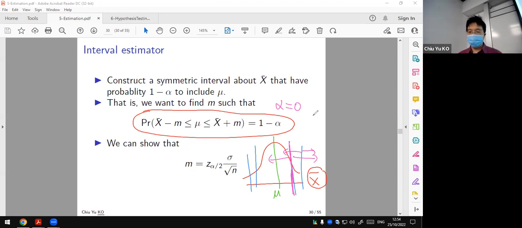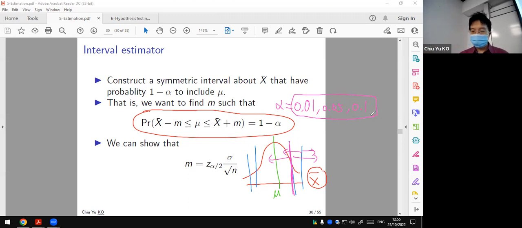That's why alpha usually takes values like 0.01, 0.05 or 0.1. These are the three values that you would focus on.